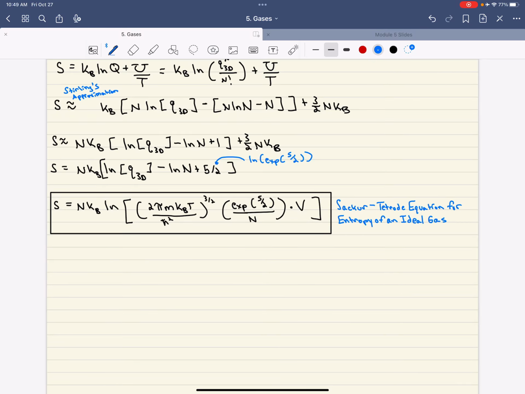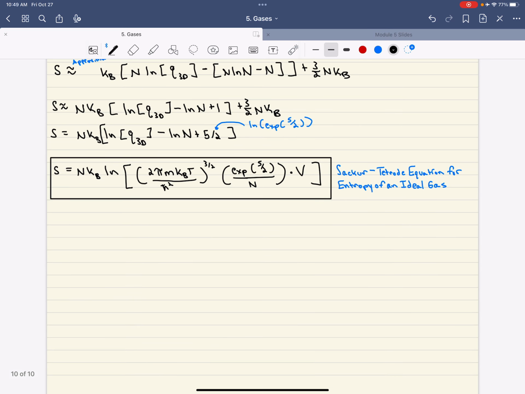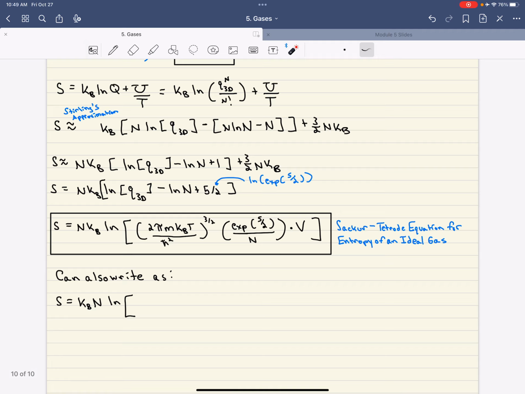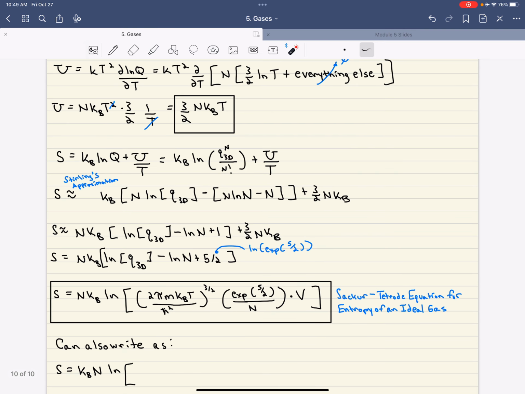We could also rewrite the Sackur-Tetrode equation in terms of internal energy. So our entropy could take on the form like this: S is equal to kB n, and then we're going to have ln. What we'll do is substitute some terms in there.